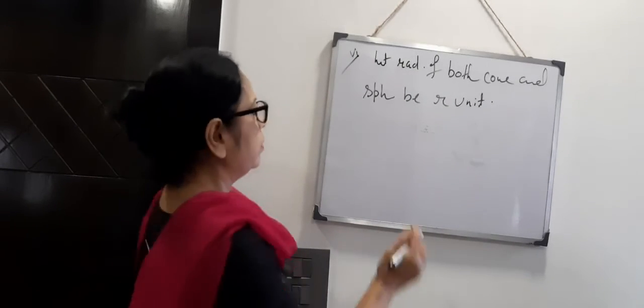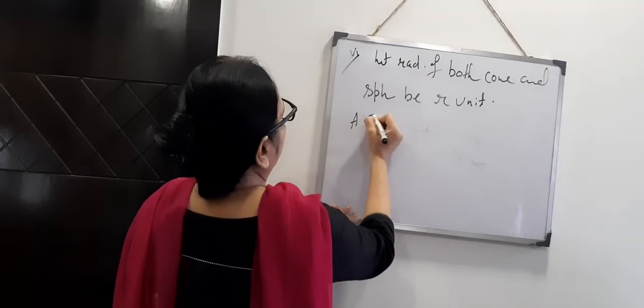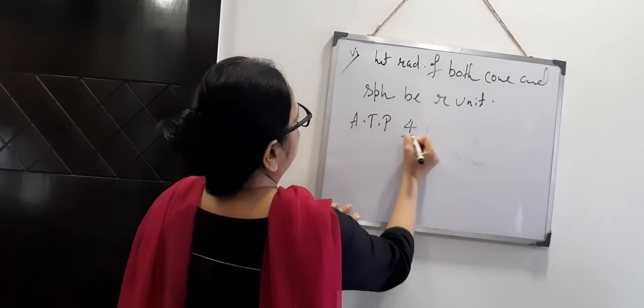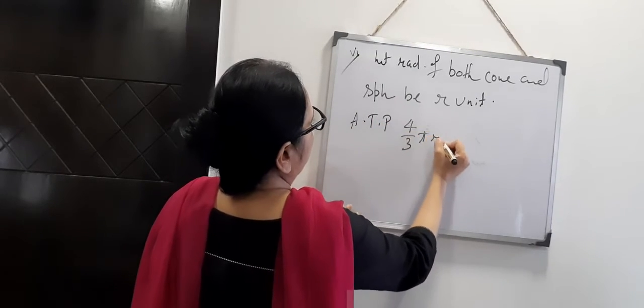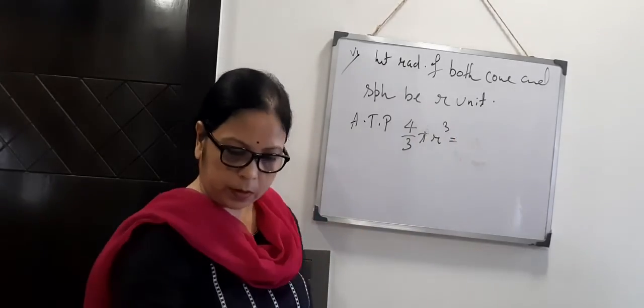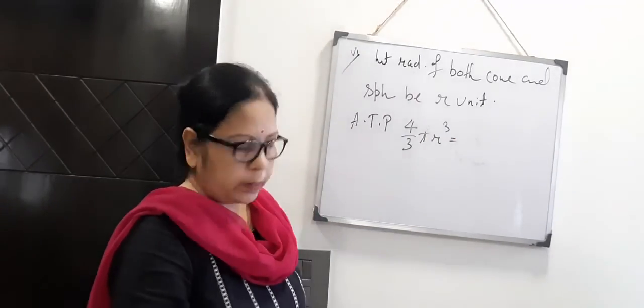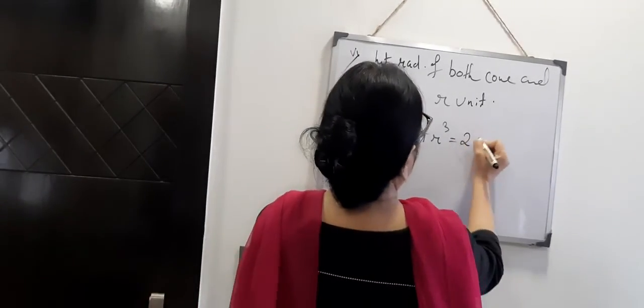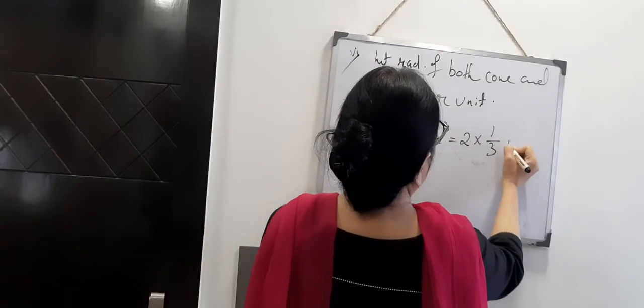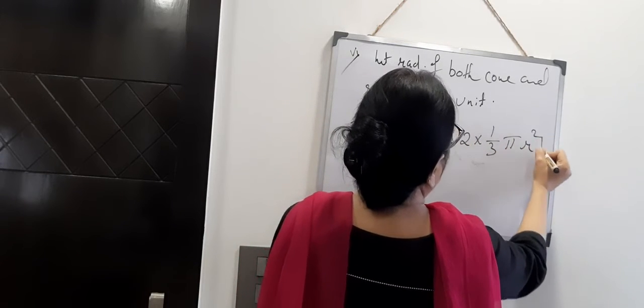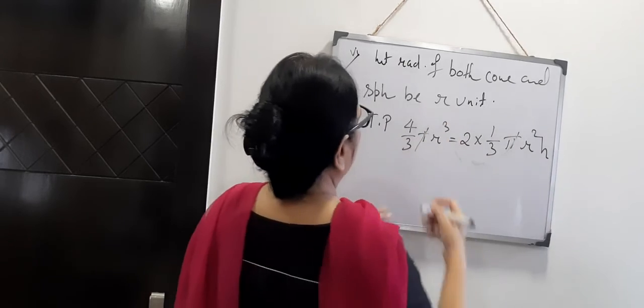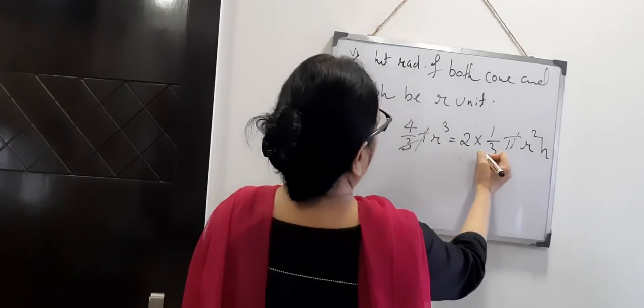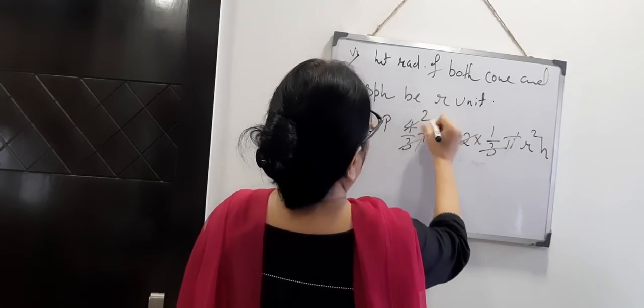Here it is told that volume of the sphere is twice that of the cone. Pi you cancel, 3 you cancel, 2, 1.